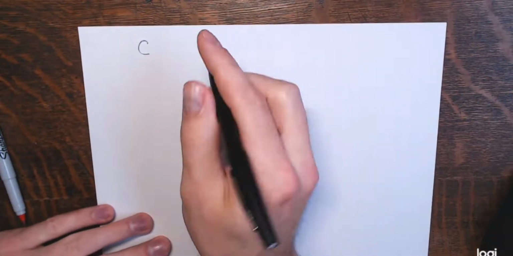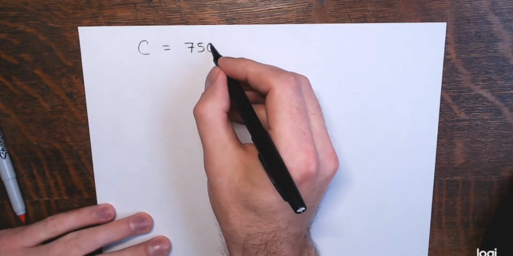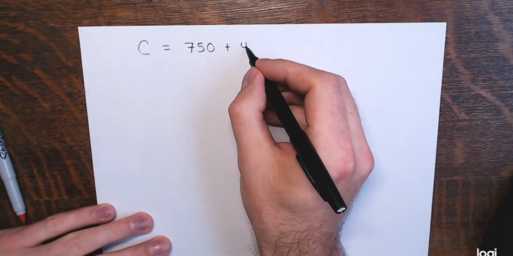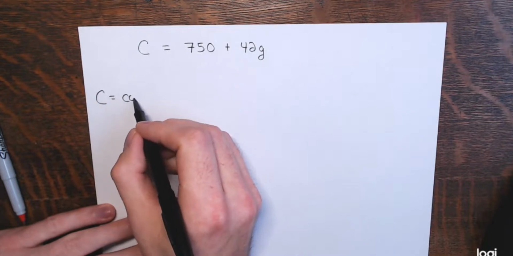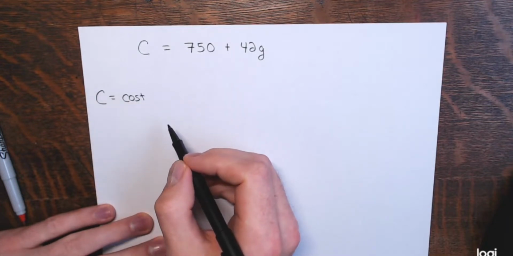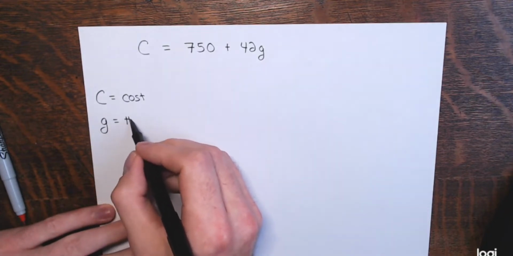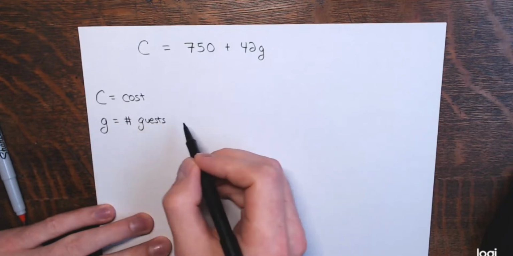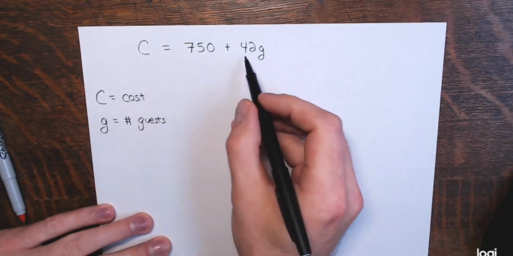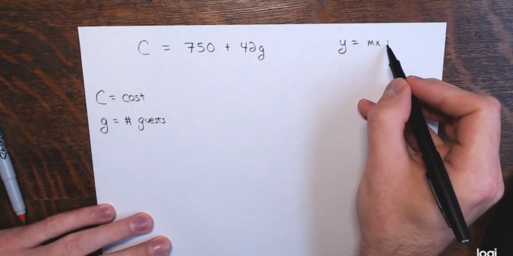So the equation we're given is C equals 750 plus 42G. All right, so C represents the cost in dollars of this banquet, and G represents the number of guests at the banquet. Now, remember slope-intercept is y equals m times x plus b.